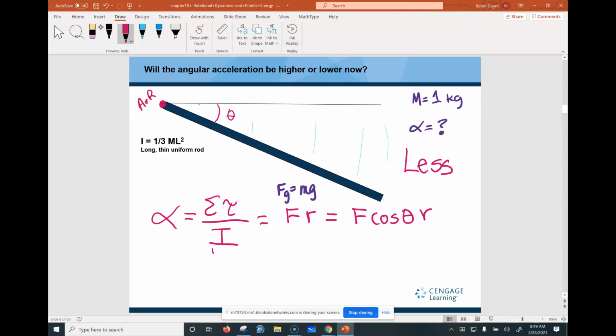So what happens is, we know that to get torque, we're going to go R cross F. And that means that it's either going to be the part R perpendicular and all of the force, or all of the R, the distance from the axis to the force, and the perpendicular part of the force. That perpendicular part is that sine theta. My force is right here, straight down.